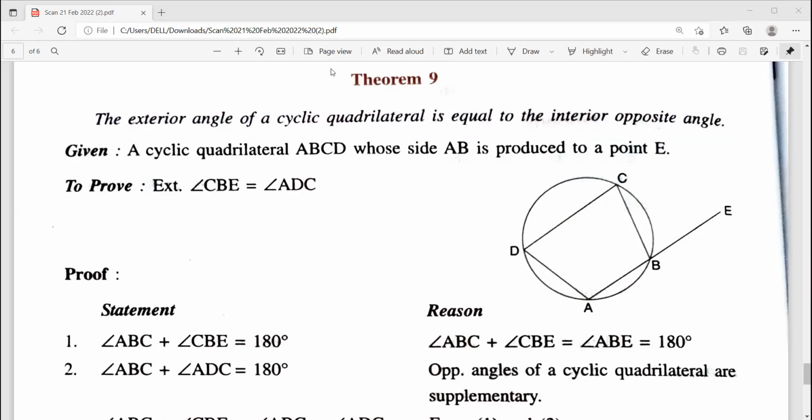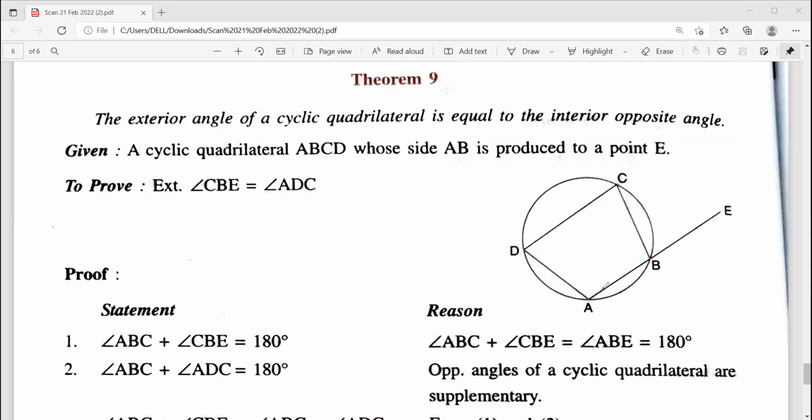Now see, here you have a cyclic quadrilateral with vertices A, B, C, D. They're all lying on the circumference of the circle. So this quadrilateral is a cyclic quadrilateral.